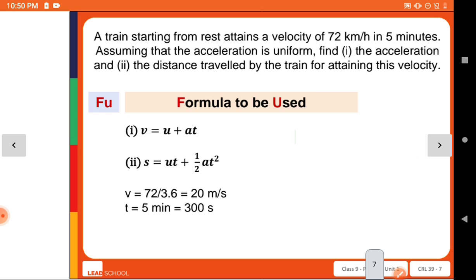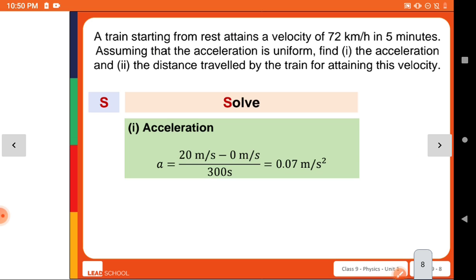Students, we know that in physics we always consider units, time in seconds and distance in meters. So first of all we convert kilometer per hour into meter per second. Then we convert the time, 5 minutes, into seconds, which is 300 seconds.